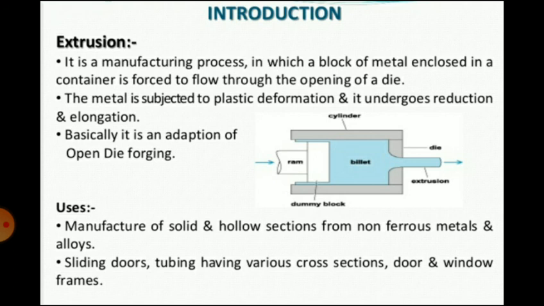You can see in the diagram, there is a container in which there is a ram that moves in a horizontal direction, and on the right hand side, there is a die opening.